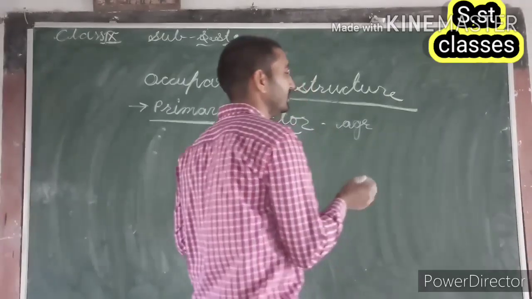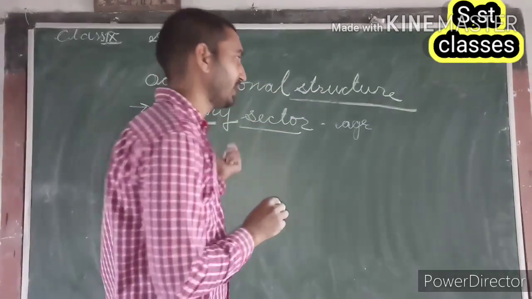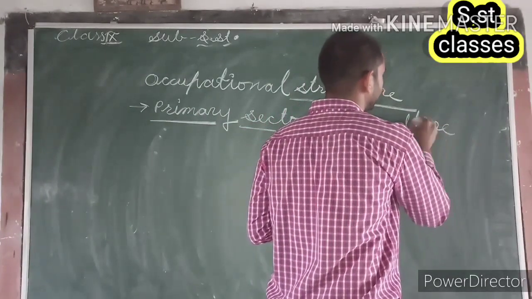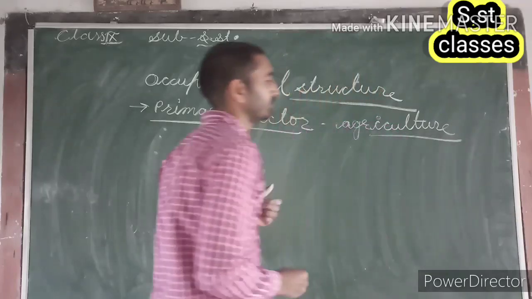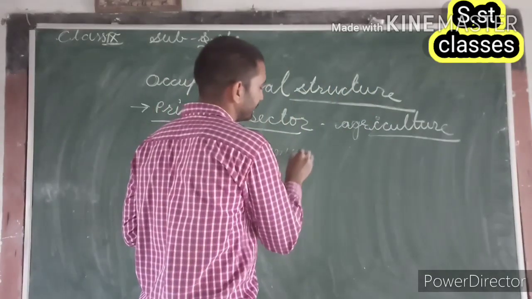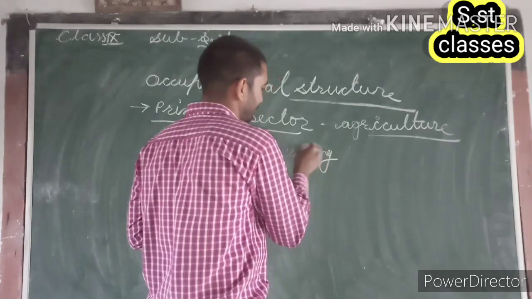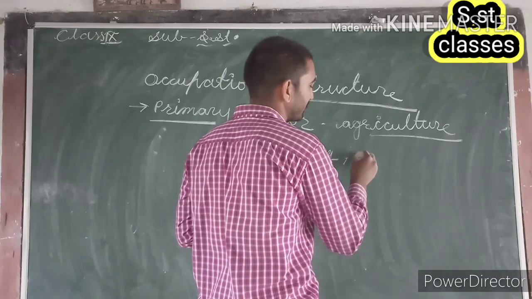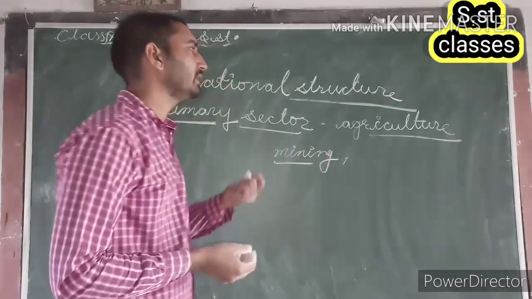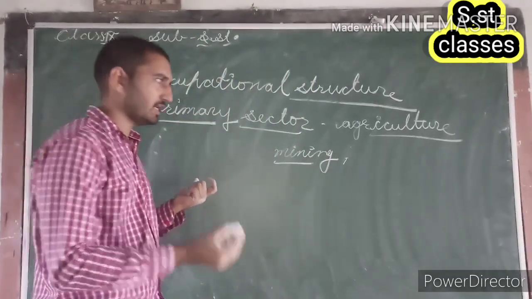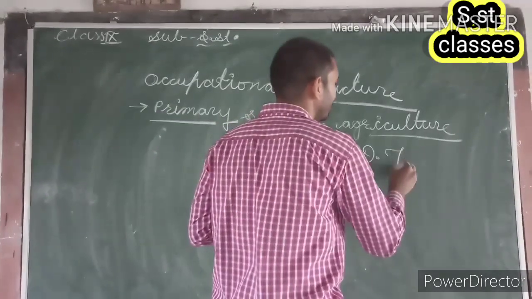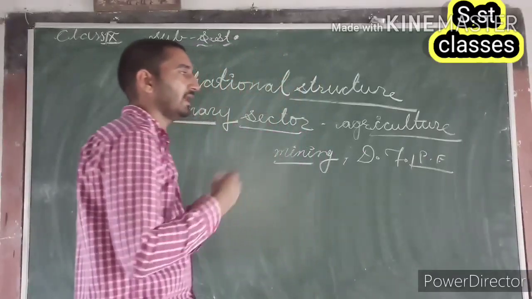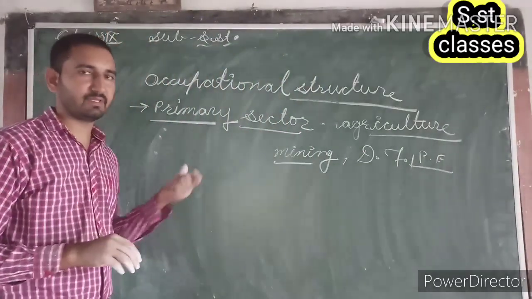The activities included in the primary sector are agriculture, mining, dairy farming, along with that poultry farming. They all are included in the primary sector activities. Dairy farming, poultry and other allied activities are included in the primary sector.